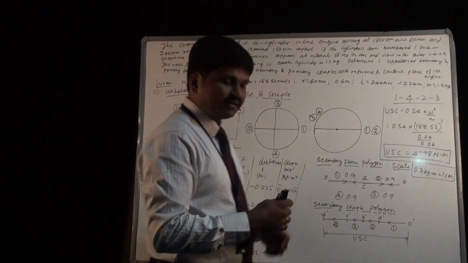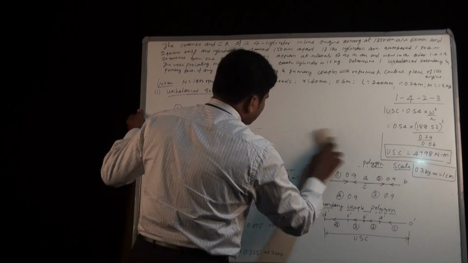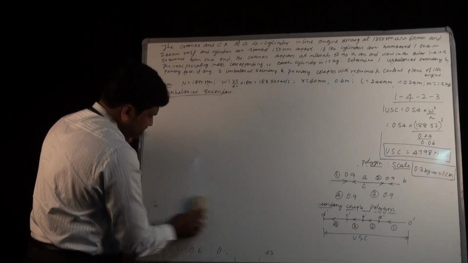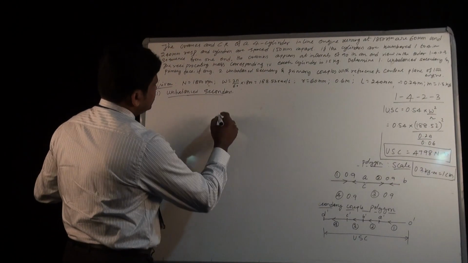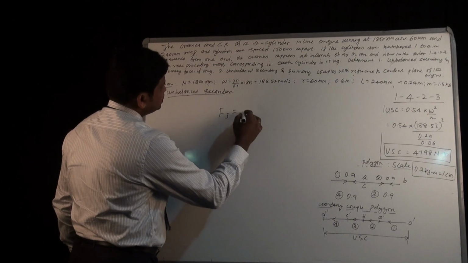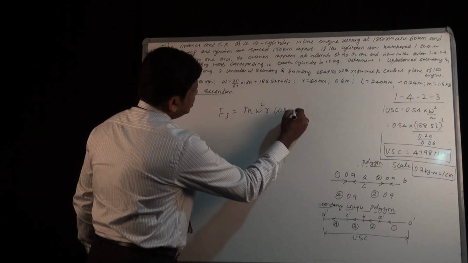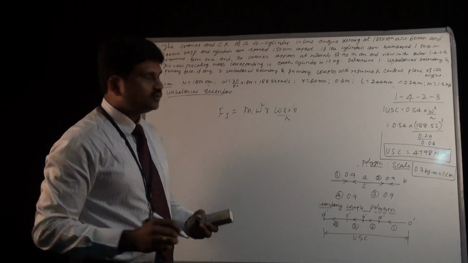Why do we have to multiply it with omega square by n? Please recall, what is the equation for the unbalanced secondary couple? Let us first write the unbalanced secondary force. The equation for the unbalanced secondary force is equal to m omega square r cos 2 theta by n. This is the equation for the unbalanced secondary force.